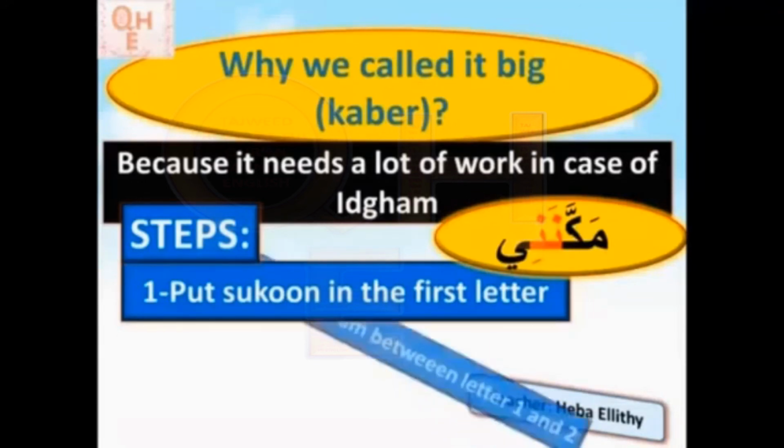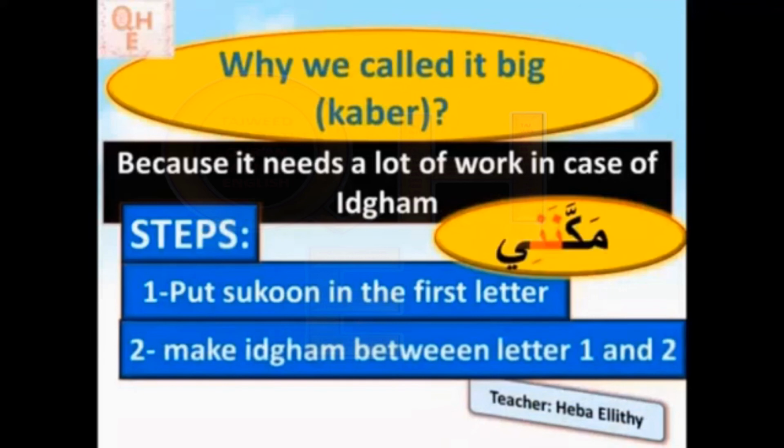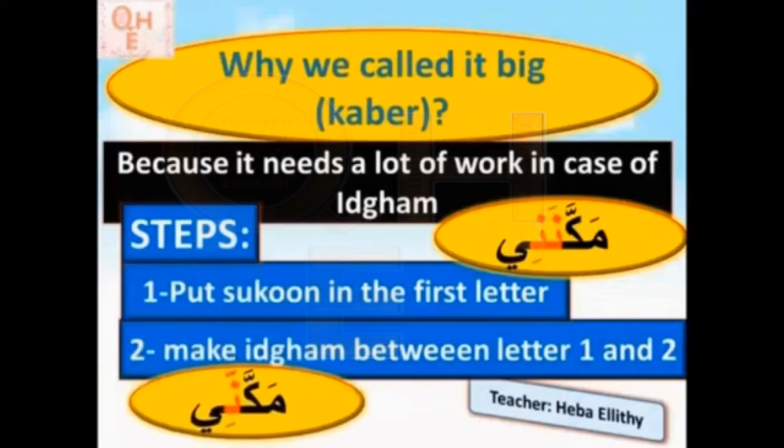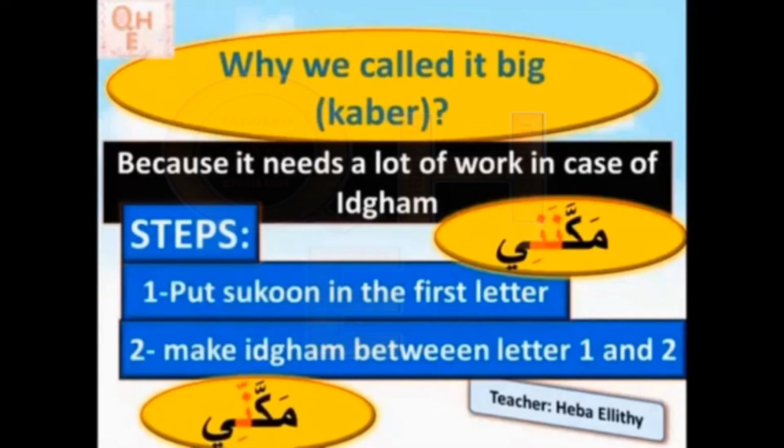Second step, I make إدغام between letter one and letter two. مكني. It becomes like that. So that's why we call it كبير, because we work on it and we put effort to make this word come in how it looks in the Quran for us.